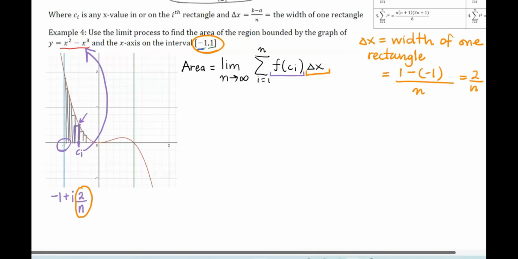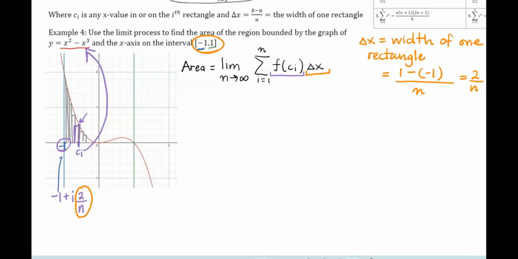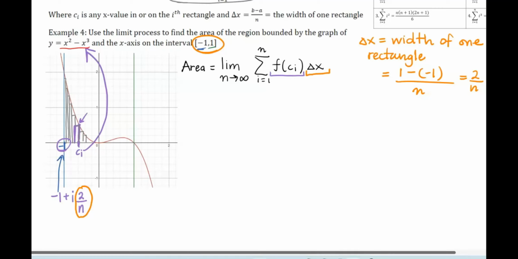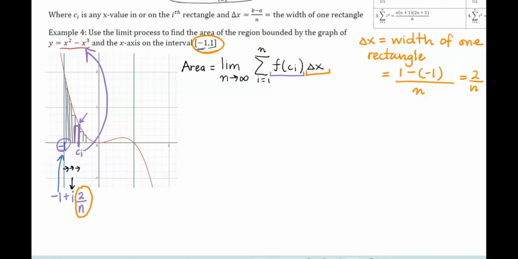Remember, you can't really see this -1 because the line is covering it, but we started at -1, and then we moved over I different rectangles. The I is represented right there, and to account for how wide each rectangle is, we're multiplying by 2 over n.